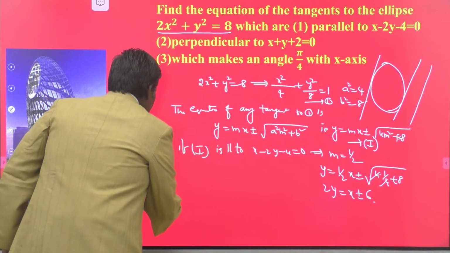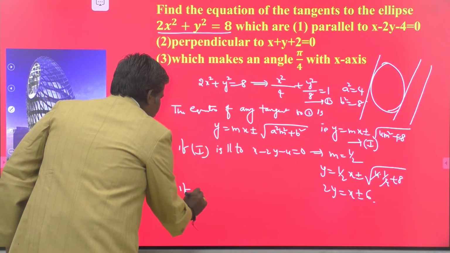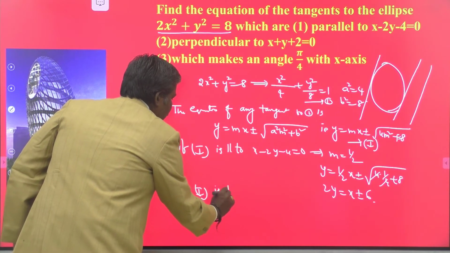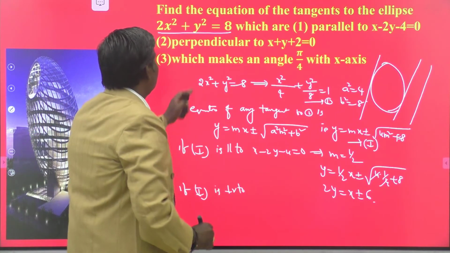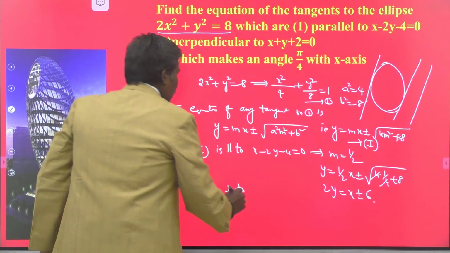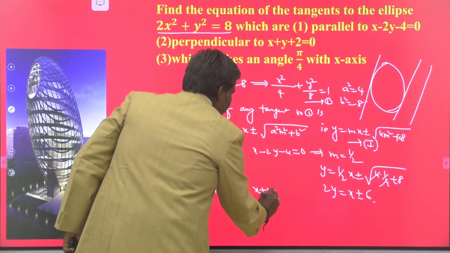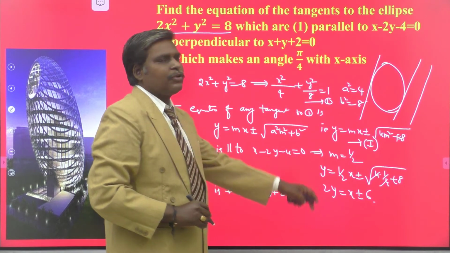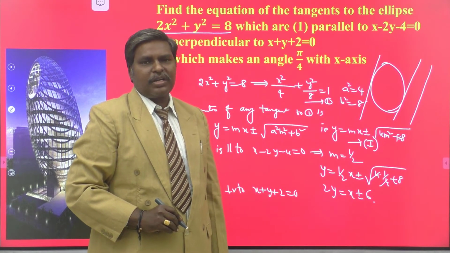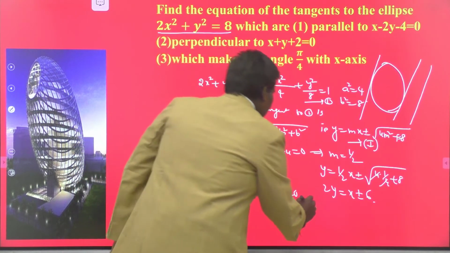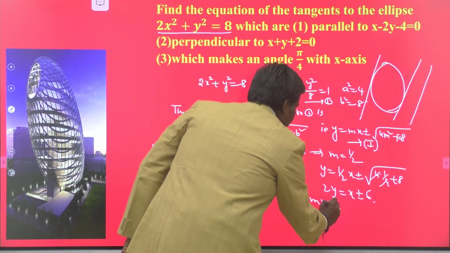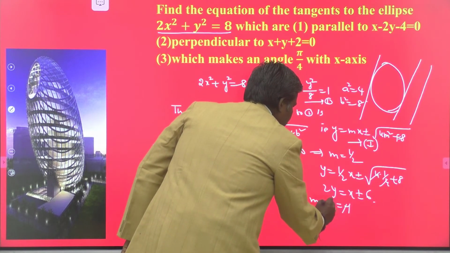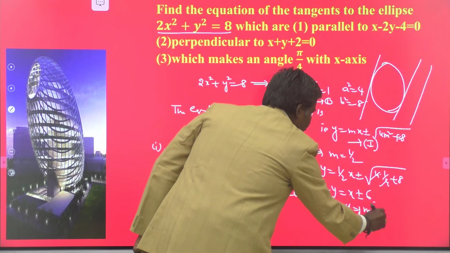For the second bit, if 1 is perpendicular to x plus y plus 2 equal to 0, how to obtain the equation now? The product of slopes is equal to minus 1 here. That means m into minus 1 is equal to minus 1. So we have m equal to 1.